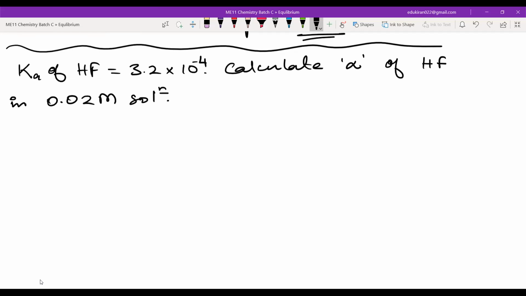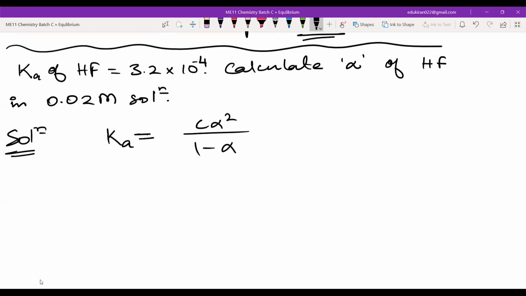So you have been given the equilibrium constant Ka, and you have been asked the alpha. So I hope this is going to be easy for you, since you can solve this very easily. There's only one equation, that Ka is equal to how much? HF will be C into alpha square upon 1 minus alpha.